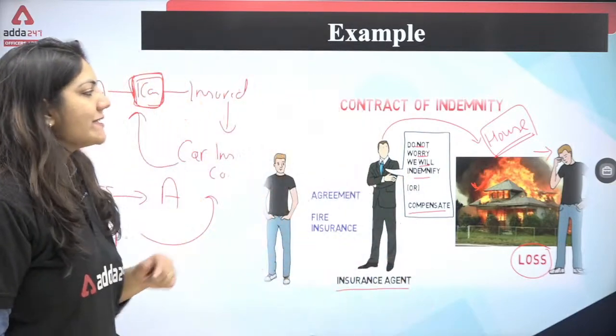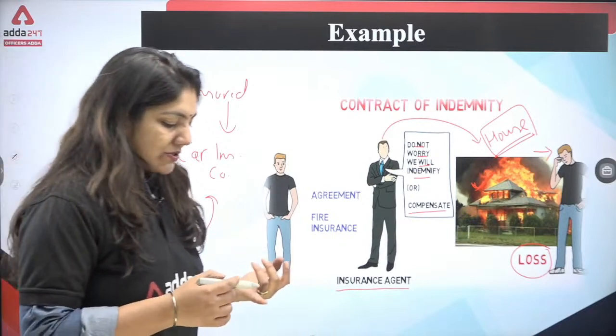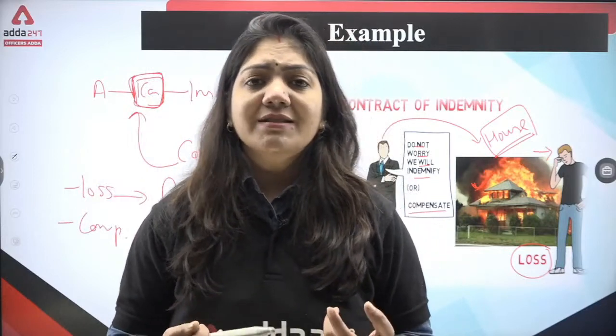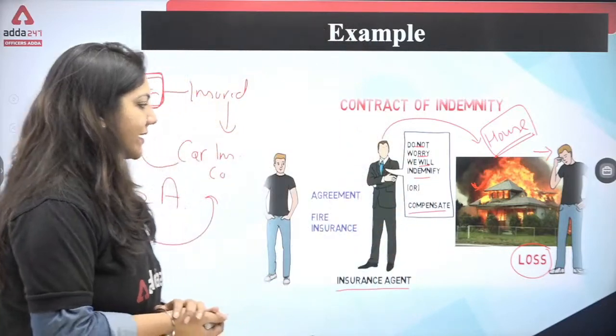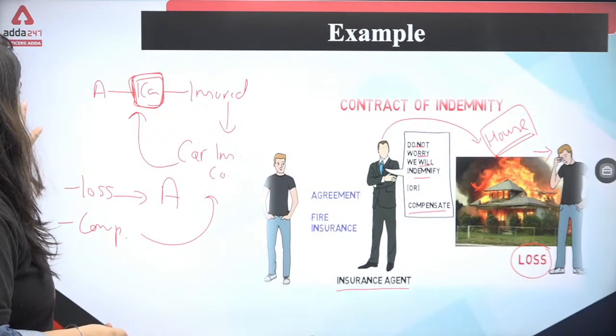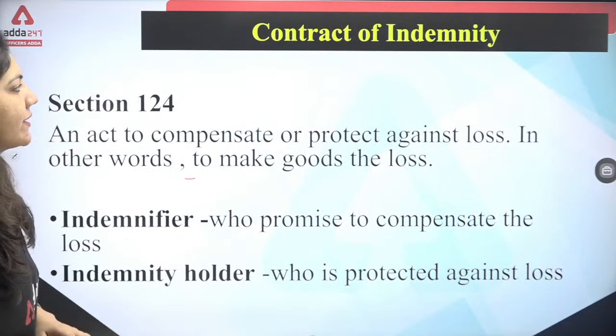You can easily see this example here. Okay, we also take insurance for health. So this is exactly the same thing. Next, now see the definition given in contract of indemnity.